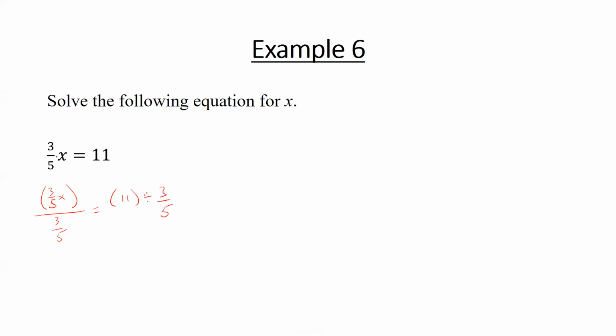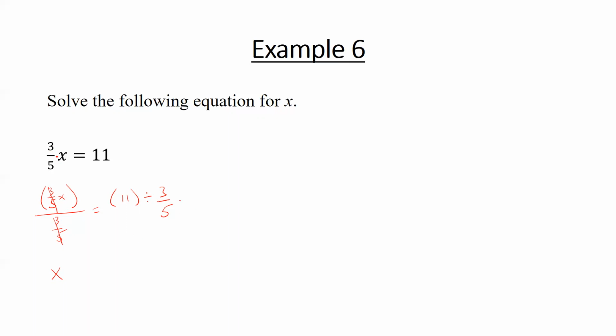I'll write the division not in fraction form, but this way to make clearer what will happen next. Now 3/5 divided by 3/5 will cancel out, leaving us an x. We knew this was going to happen, that's why we chose to divide by 3/5, right? We're trying to undo the multiplication.